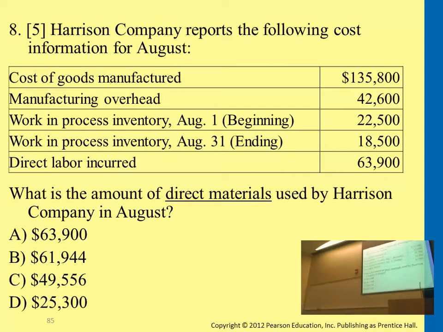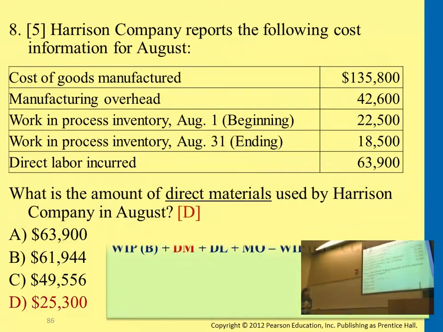Again, we start from the beginning work in process, and then, so this question, if it's asking you direct materials, that means from this information here, we're trying to parse out the middle part of the equation. This problem gives you work in process in the beginning, work in process in the end, and the portion of the 3 types of cost, only direct labor and manufacturing overhead.